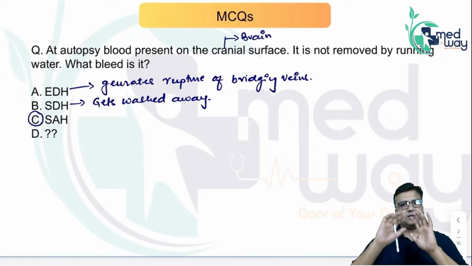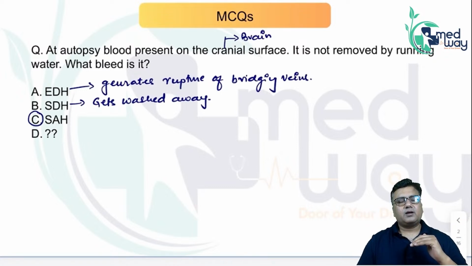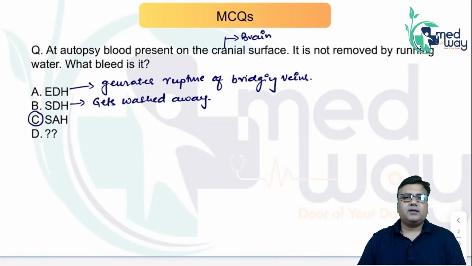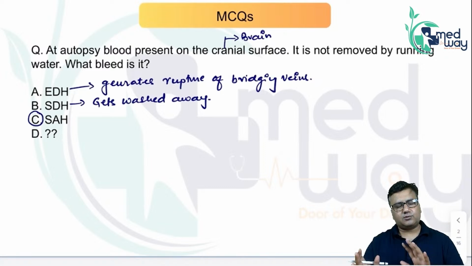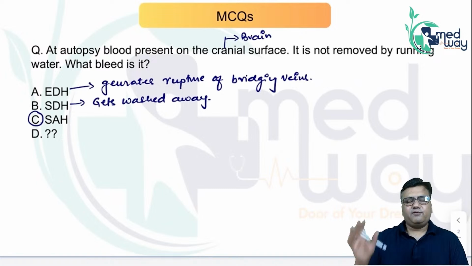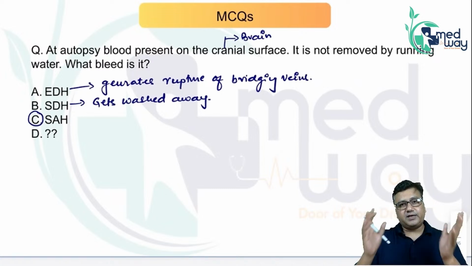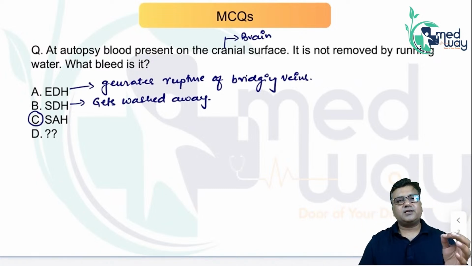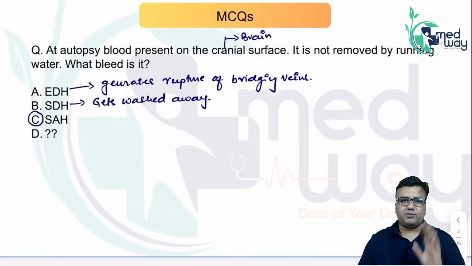When they rupture, there is collection of blood on top of the dura mater, which is the extradural hemorrhage. So if that question was asked, we are answering that question here also. If it was asked which fluid doesn't get washed away, the answer is subarachnoid hemorrhage.